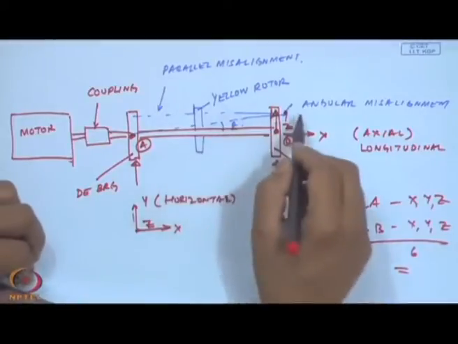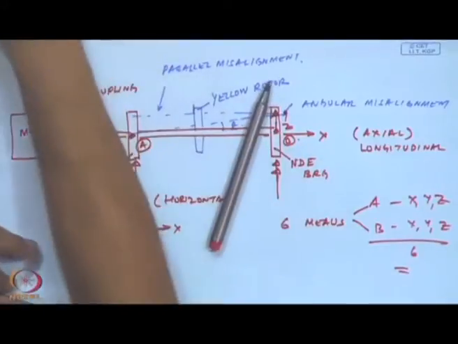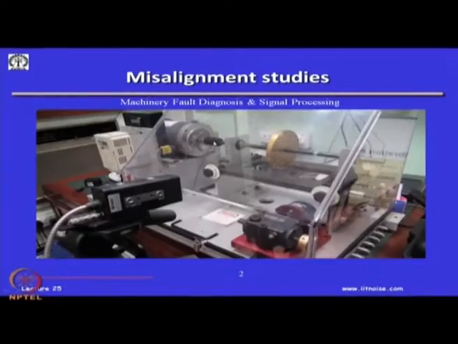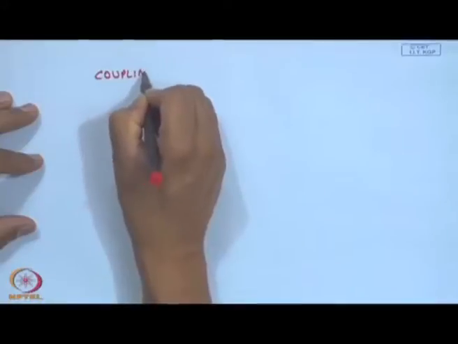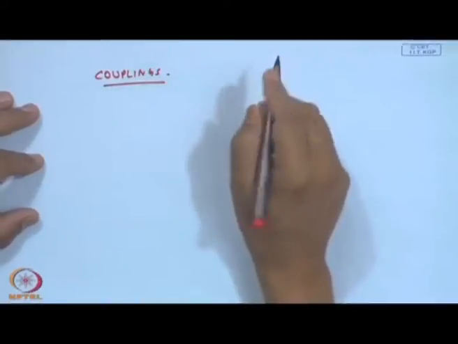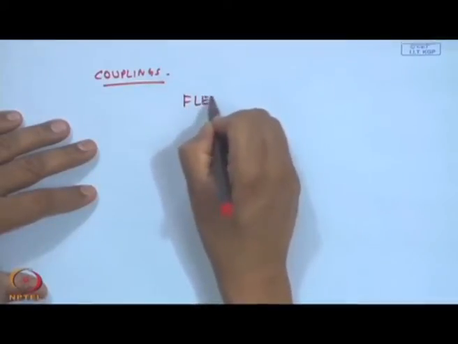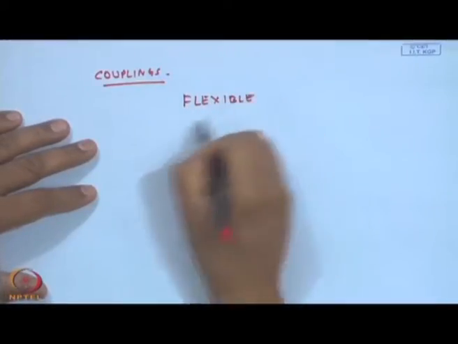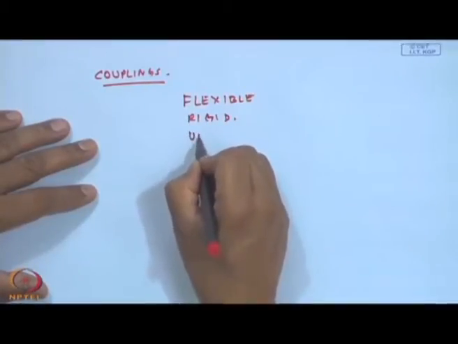In this case, to notice the angular misalignment, we are not moving point A. Now, the amount of misalignment does depend on the flexibility of the coupling, and that is very, very important. Couplings play a major role in the prevention of misalignment. You would have heard of the flexible coupling, rigid coupling, or the universal coupling.